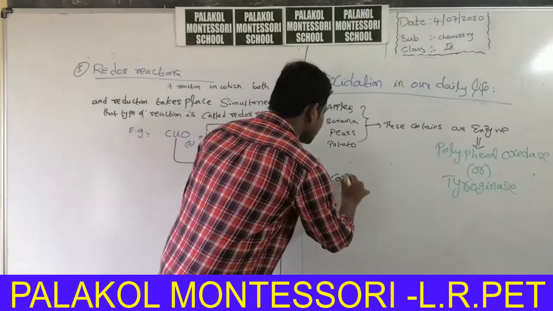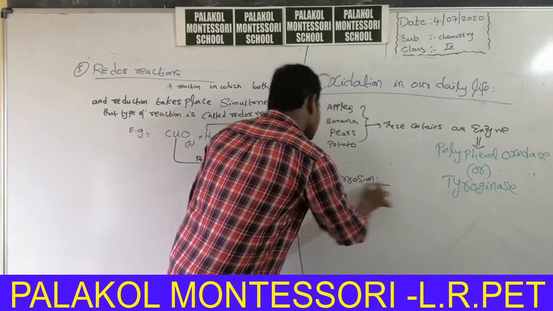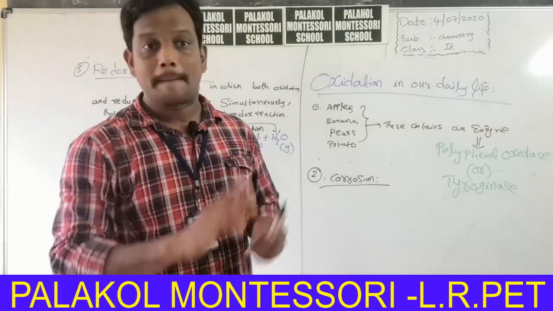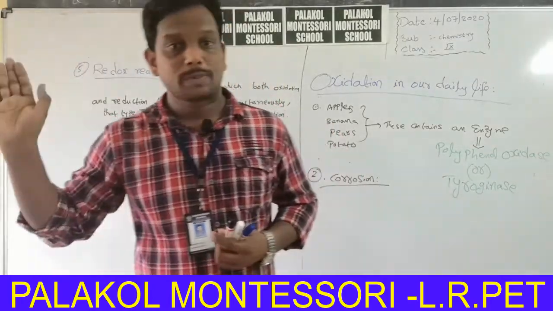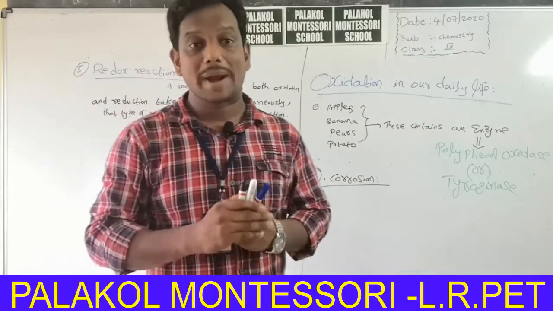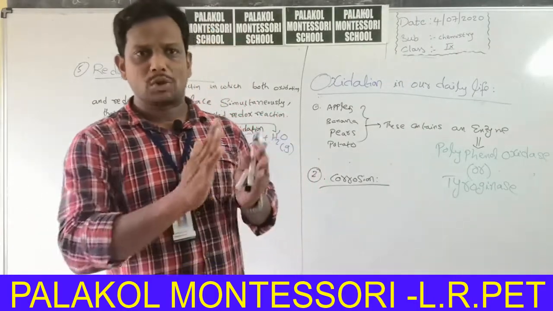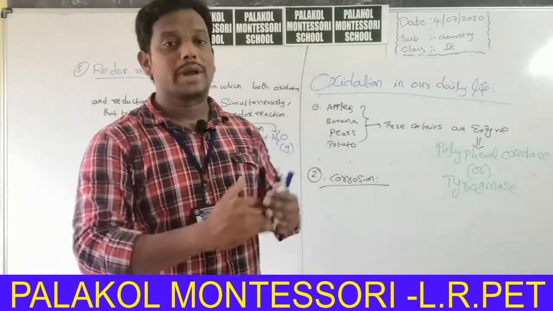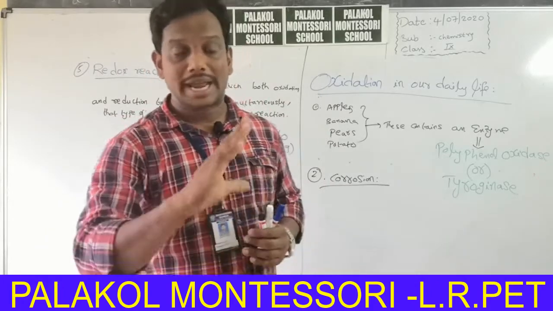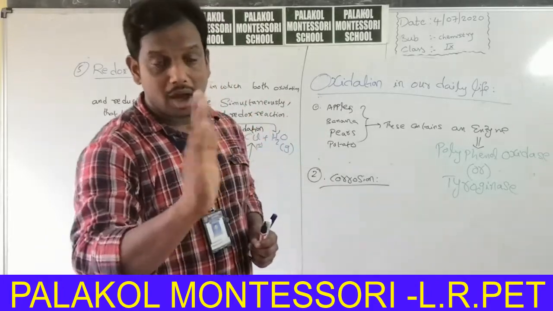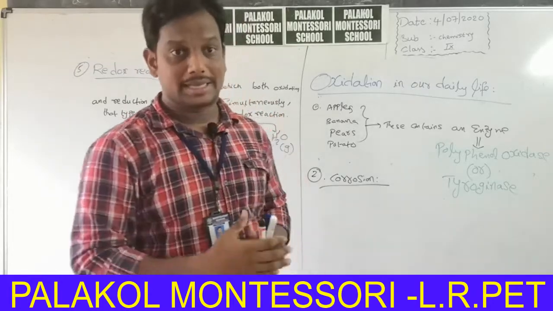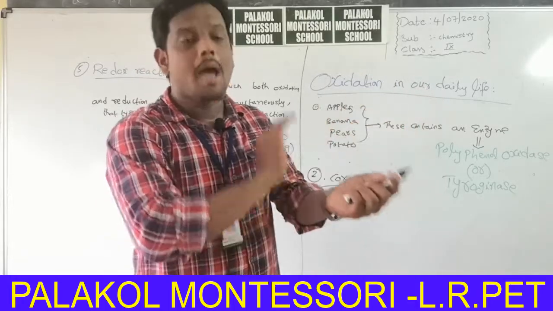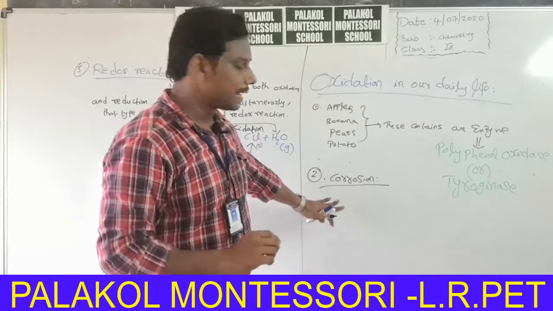Corrosion is a process in which, when you expose metals in the atmosphere for some time in the presence of air and moisture, the shining nature of metals decreases day by day, because of formation of a new substance on the surface of the metals. This type of process we call corrosion.